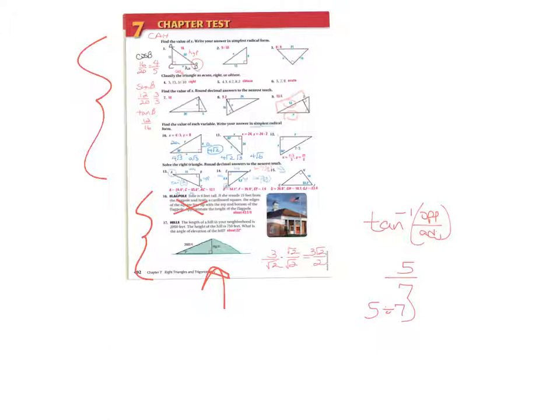If it says, write your answer in simplest radical form, and let's say you get the square root of 25, simplest radical form would mean it's coming out and it's a 5. So on some of the questions with simplest radical form, it could be a perfect square.